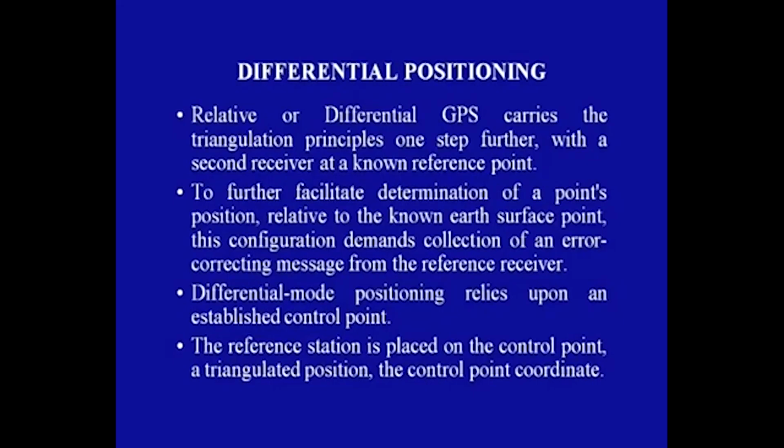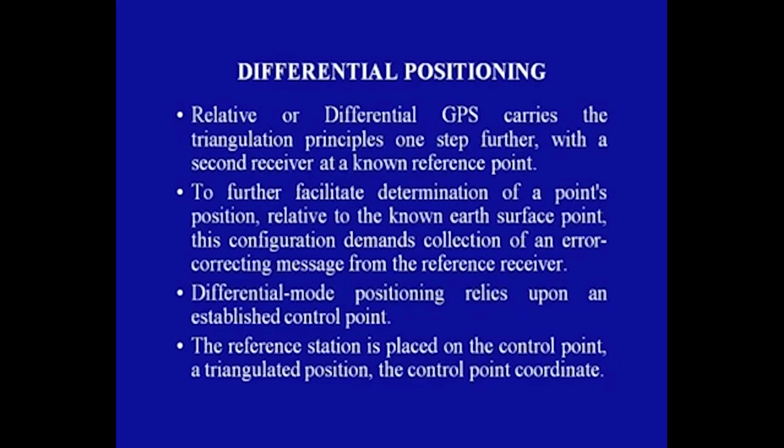Now, we come to the next type of GPS position, and that is the differential positioning. Relative or differential GPS carries the triangulation principles one step further with a second receiver at a known reference point. To further facilitate determination of a point's position relative to the known Earth's surface point, this configuration demands collection of an error correcting message from the reference receiver.